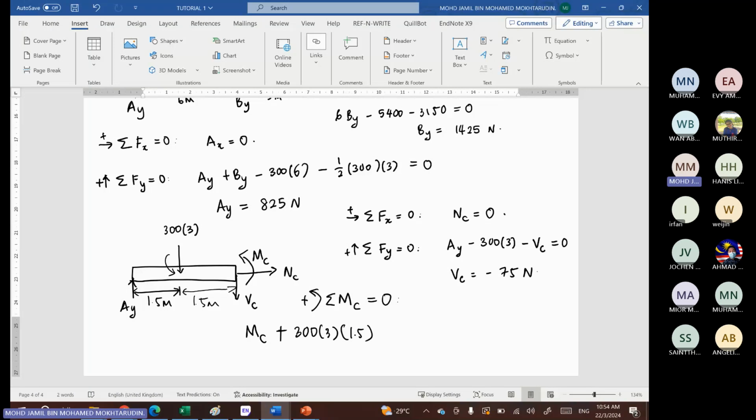And then another one is the Ay. So Ay times 3. So this will be acting clockwise. So negative Ay times 3 equals 0. So calculate. So you get 1125 Newton meter or pound feet.